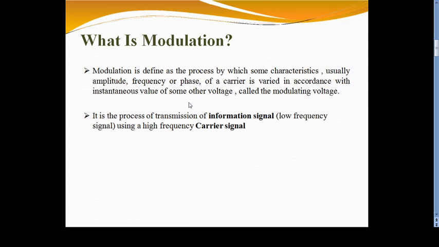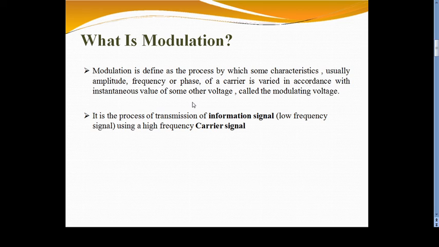In another definition, it is the process of transmission of an information signal, which is a very low frequency signal, using a high frequency signal, called the carrier signal. That process is called modulation. So modulation is simply a process which carries the low frequency over a higher carrier frequency.